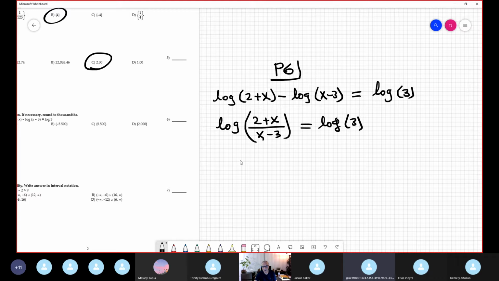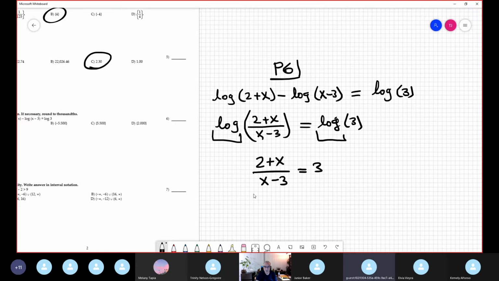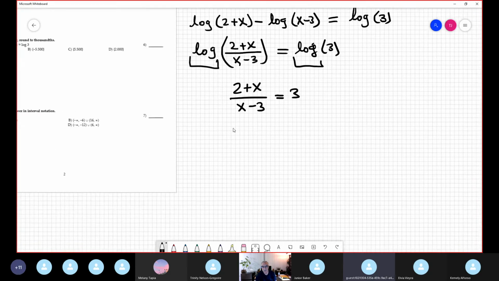So it's not necessary in this case to convert to exponential, because if you have the same logarithm and the base is the same, it's because the argument inside is the same. And immediately you convert to another equation, which is not exponential, not logarithmic, and you solve it. It's a linear equation. Apply cross multiplication.